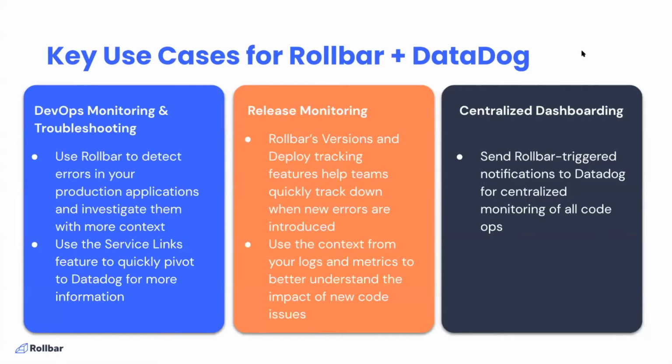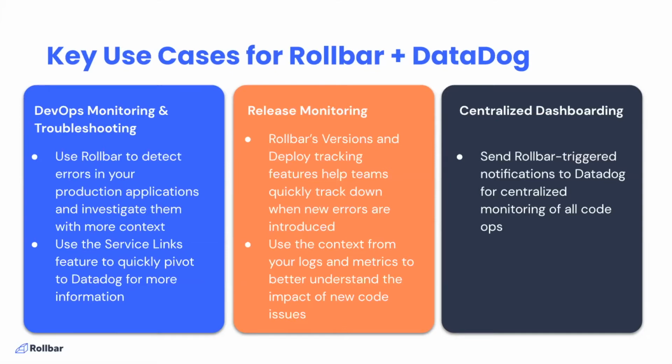All right, so talking about some of these features, clearly reporting back errors, solving them faster, fixing them, that provides better code health. But how do we apply this to the real world situations that we deal with? So first of all, DevOps monitoring and troubleshooting, you can also think of this as production monitoring.